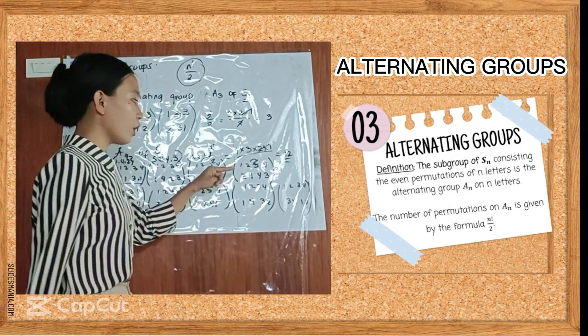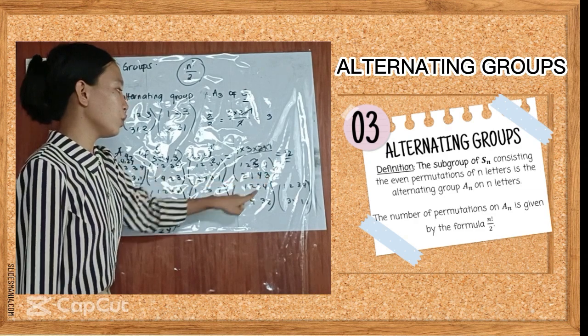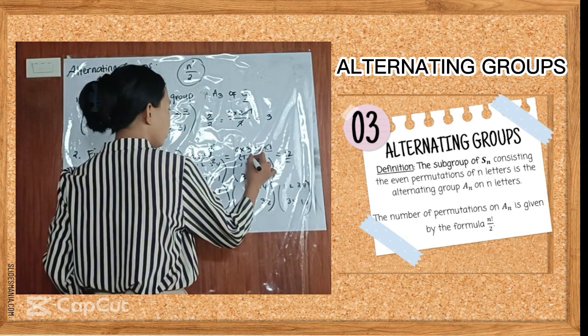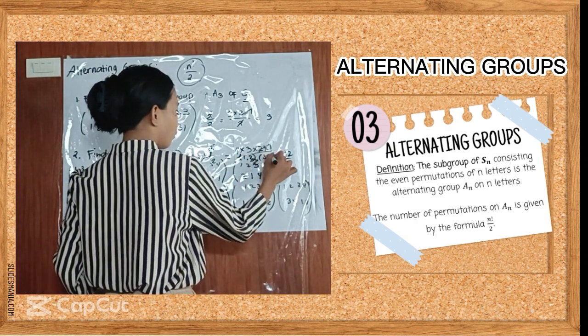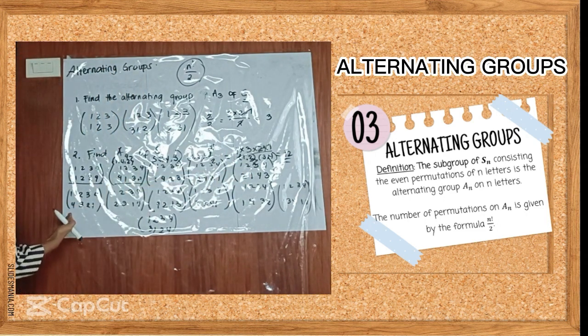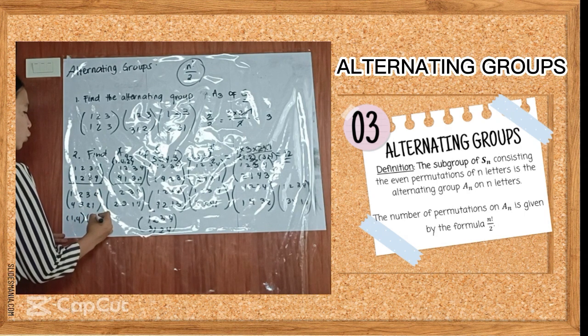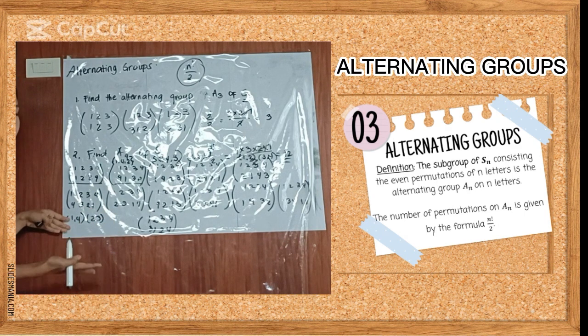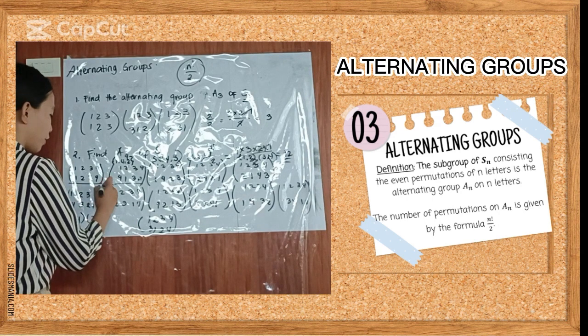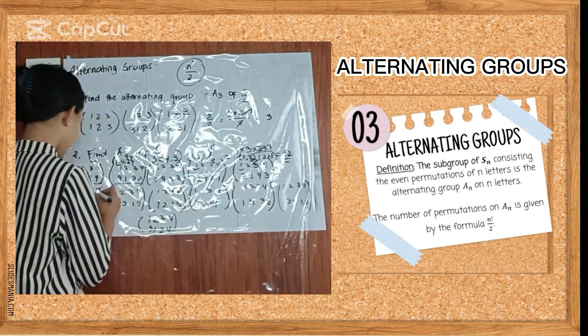Next, we have (1 2)(2 1)(3 4)(4 3), so we have (1 2)(3 4). That is even. Next, we have (1 4)(2 3). That is even again. So correct, correct, correct, correct, correct, correct, and correct.